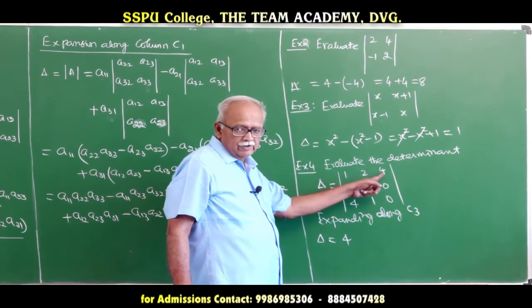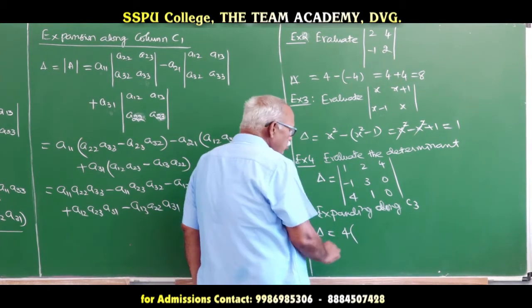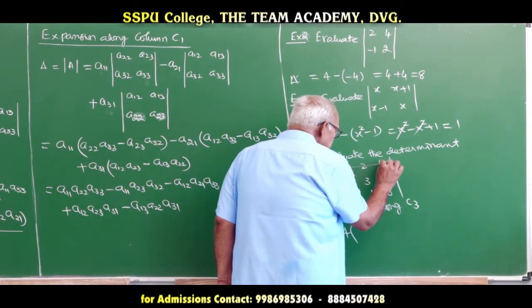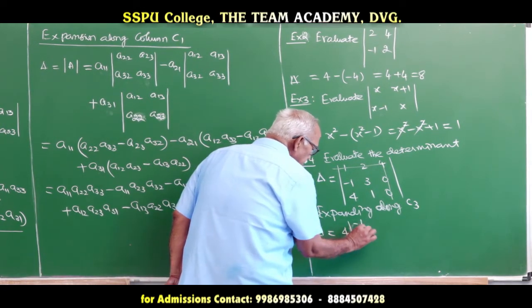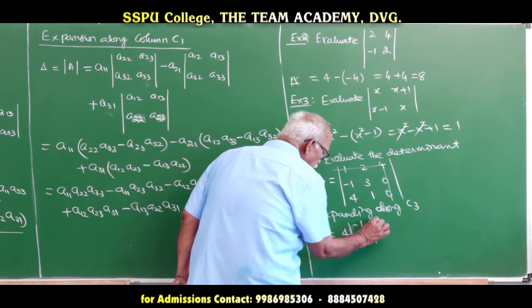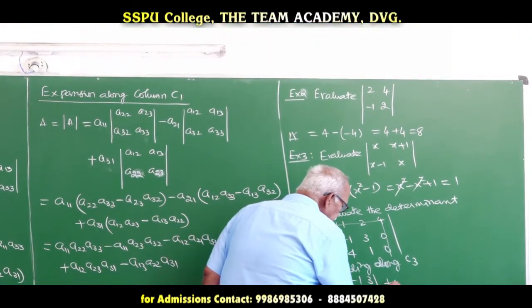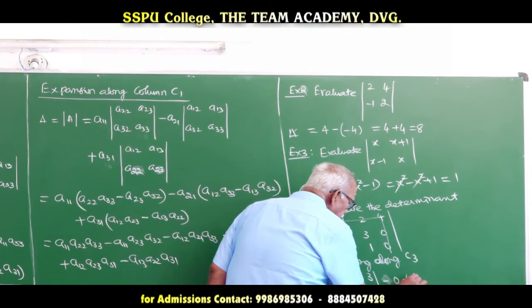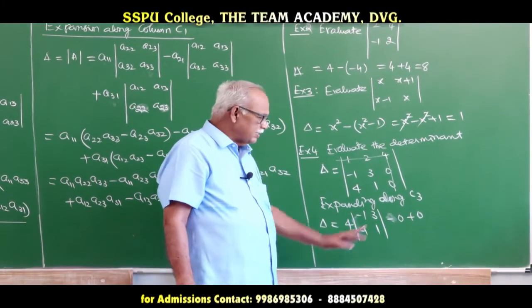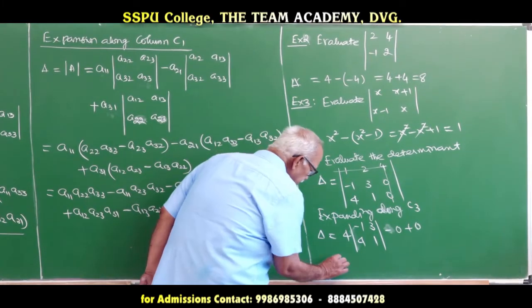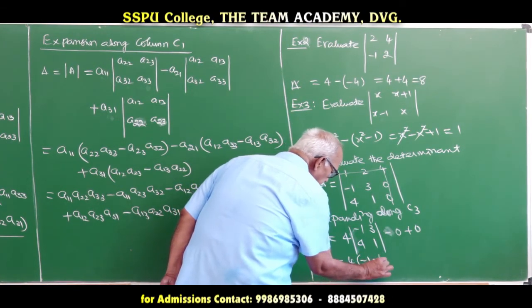So, even number means plus 4 into. Now, we have to remove this one, only this remains. I will write it here: minus 1, 3, 4, 1, plus you get 0, that is minus 0 plus 0. 0 into any second order determinant will be 0. So, that is the advantage of this. Now, let us take 4 into minus 1 minus 12.